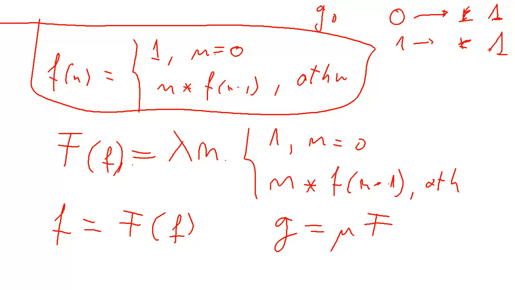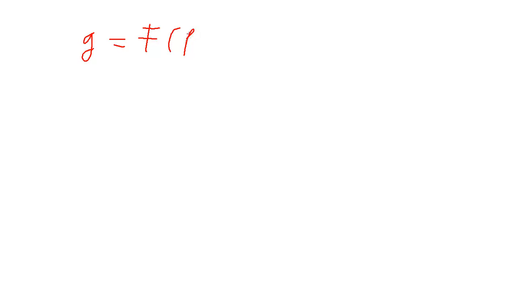Now, if you think of these G1, G2, G3, I'm looking for the solution to my equation. I'm looking for the G, which is mu F, and it's the solution to the equation F equals F applied to F. So I'm going to start with G0 as the first approximation.